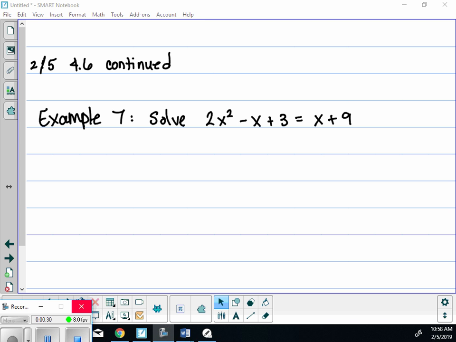So let's do that. So we need to subtract x from each side, and we need to subtract 9 from each side. So I have 2x squared minus 2x minus 6 equals 0.